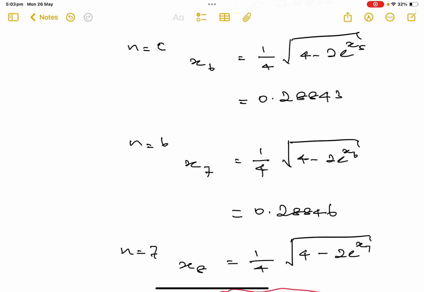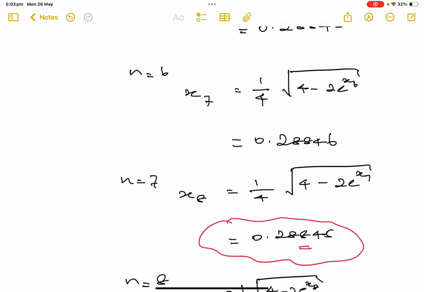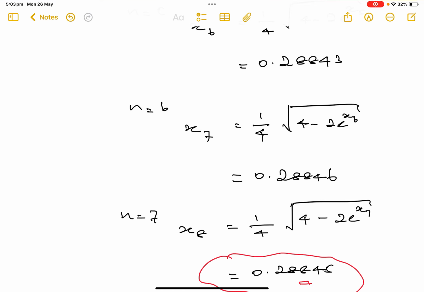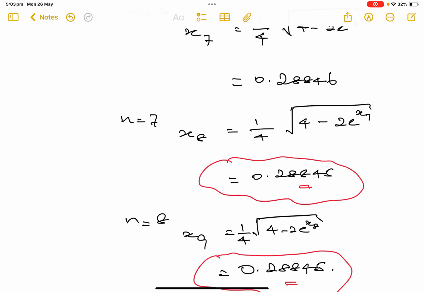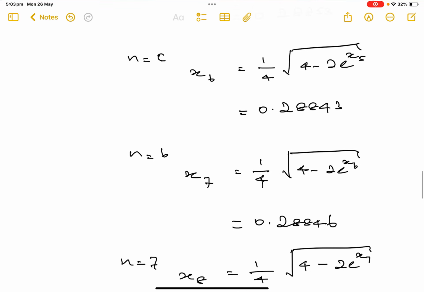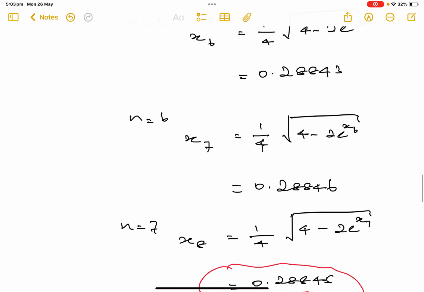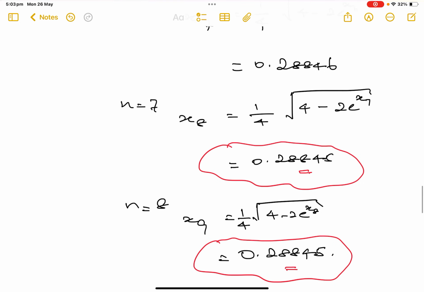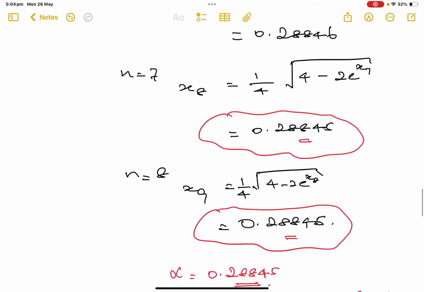And then n equals 6 is 1/4 square root of 4 minus 2e to the power x6. Again, the answer is 0.28846, slightly going up. So it has gone down and gone up again, slightly going up. So n equals 7, then the answer is 0.28845.